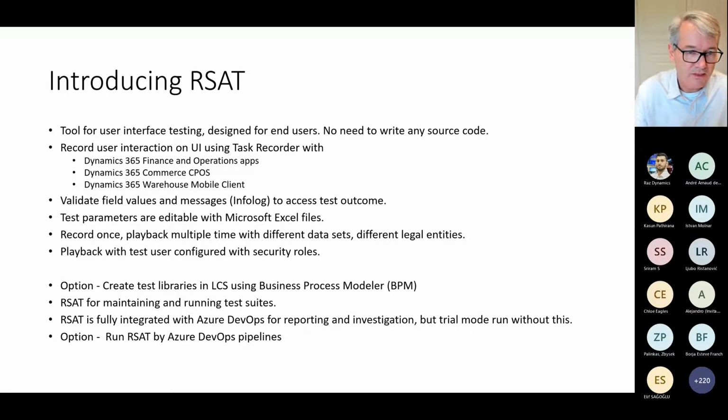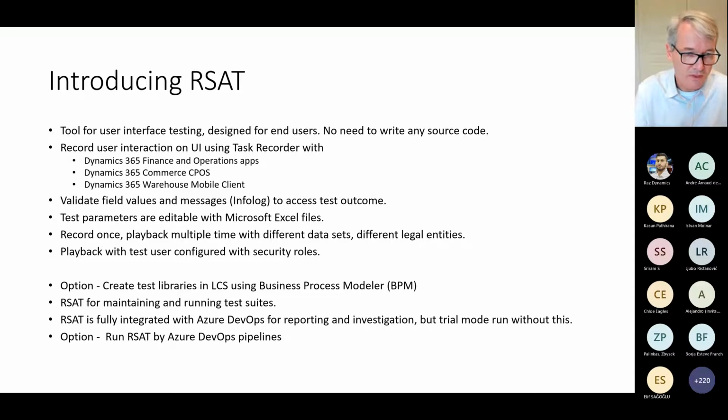The RSAT tool provides capabilities, as mentioned before, to evaluate whether the outcome of the scenario is passing by validating field values as expected, or whether messages occur as part of the execution.